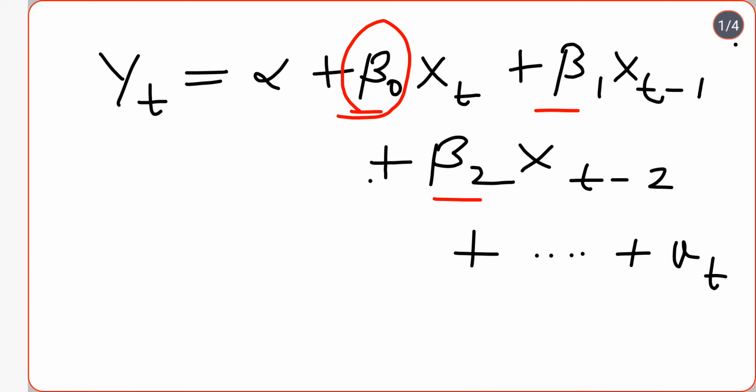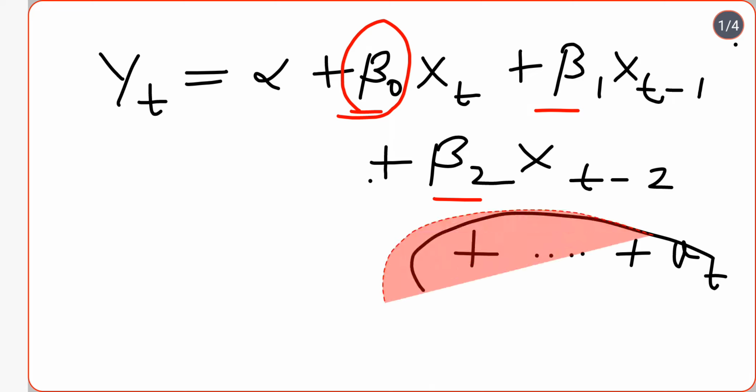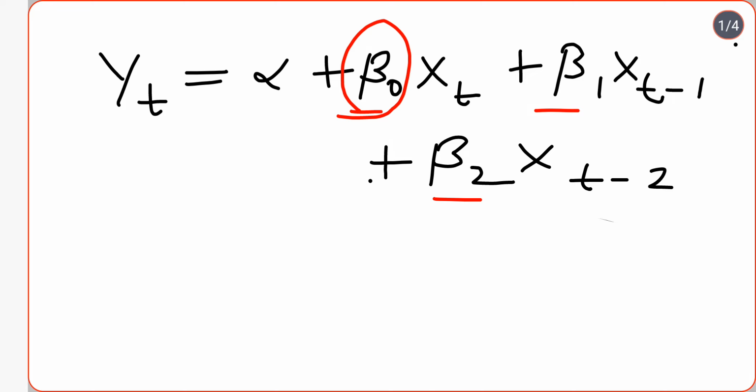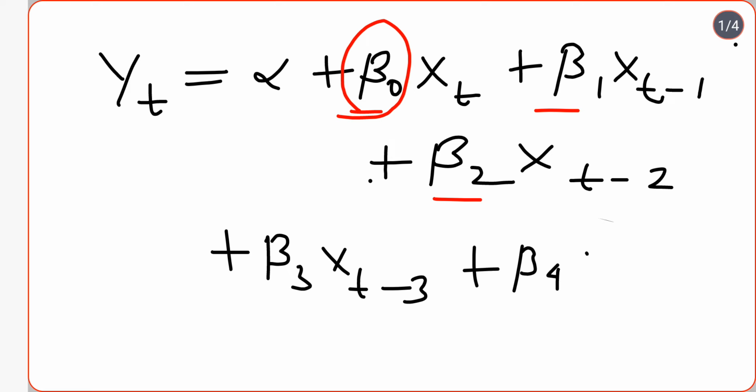Suppose I want to extend this model, and let me write this model in a little bit extensive form: plus beta 3 xt minus 3 plus beta 4 xt minus 4 plus ut. Now let me add beta 5 also.